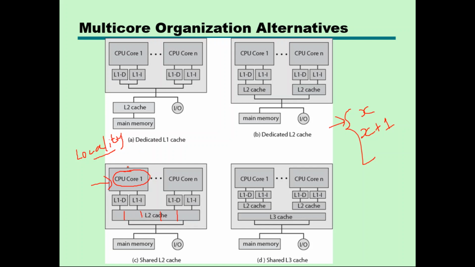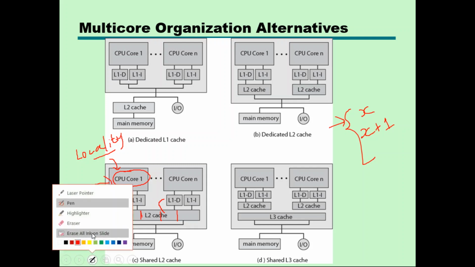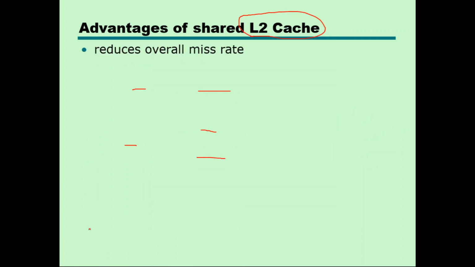If the locality of reference is low for a particular core running a process, you allocate more L2 cache to that core. For the remaining cores you allocate less L2 cache, because they have higher locality of reference, so they need to store less data in the cache. But if the locality of reference is low, they have to store more data.